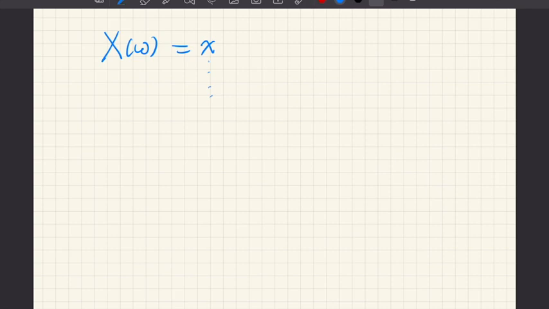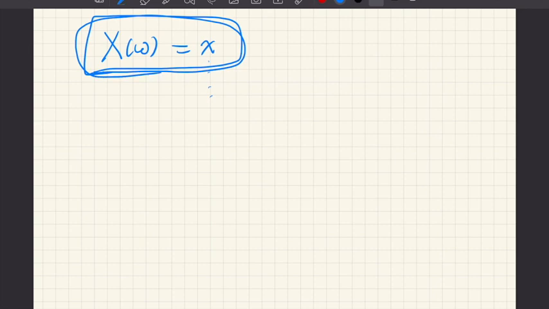So in order to calculate the probability, we want to define the event corresponding to that. Okay, what is the event corresponding to this? So we have to define a subset of omega that corresponds to this equation.